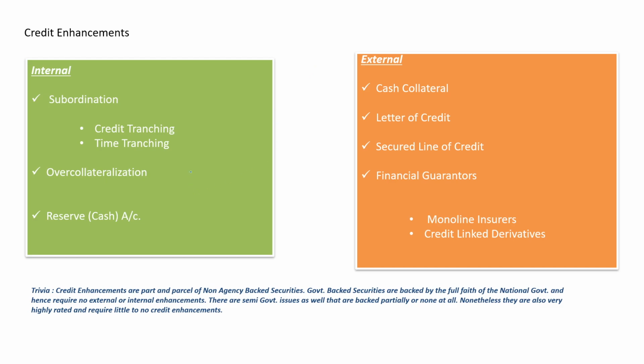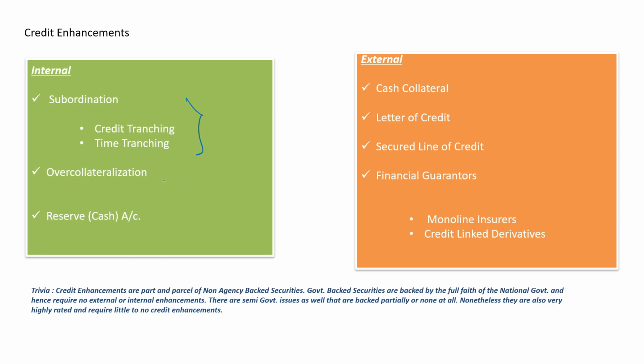All right. So there are three ways of securing this. First, we'll start with the internal credit enhancements: subordination, over-collateralization, and the reserve cash account. We have discussed in length the subordination structure. We are not going to talk about it. Let's dive directly into over-collateralization.